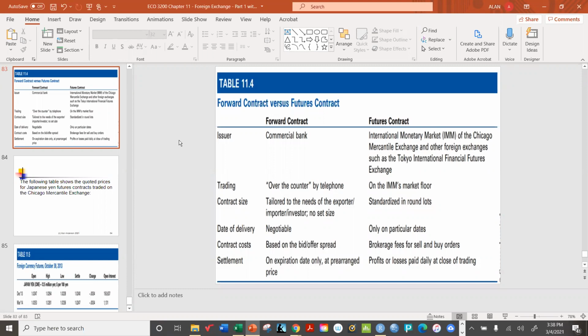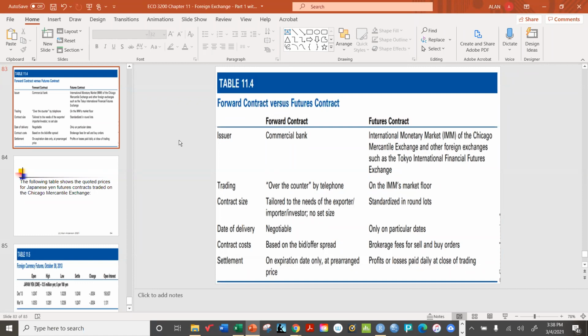With the forward contract, we're actually contacting the counterparty by phone and negotiating the terms, whereas the futures contracts are still being traded in the pits, they're called, on the Chicago Mercantile Exchange. The contract size is completely customized to the needs of the buyer or seller, whereas with the futures contract only certain quantities are available. The delivery date is negotiable with a forward contract, and with the futures contract only specific dates.